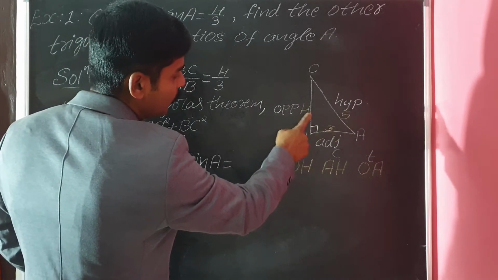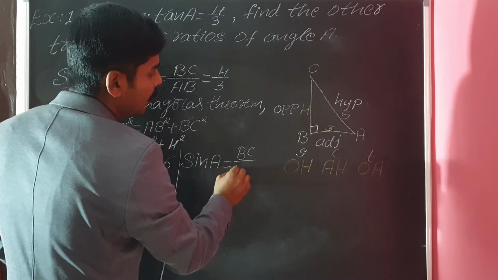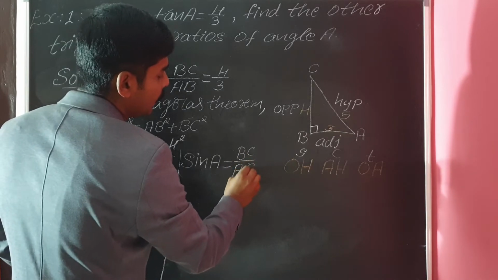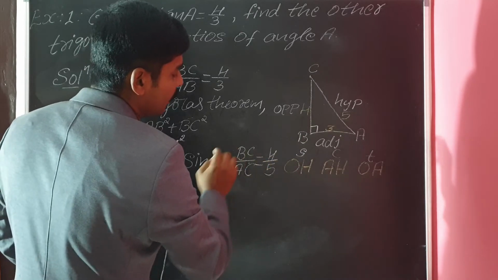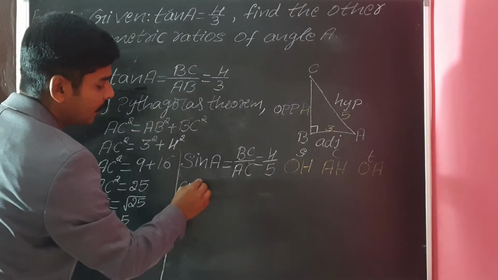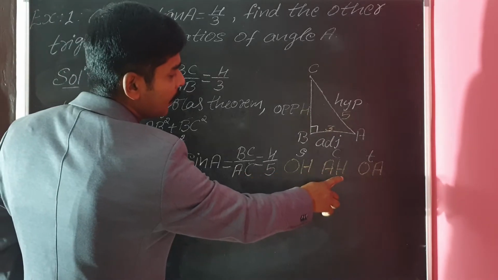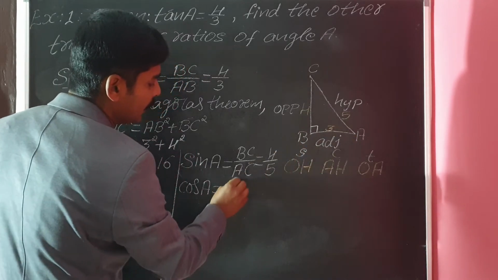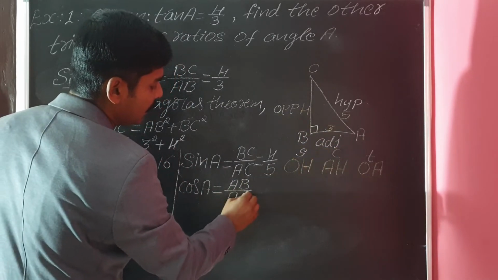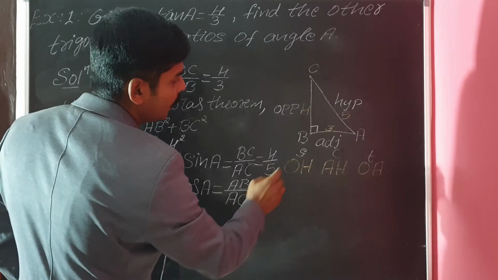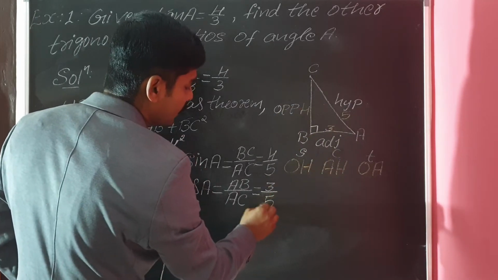So BC by AC, which is equal to 4 by 5. In the same way, what is cos A? Cos A is adjacent side by hypotenuse. Adjacent is AB and hypotenuse is AC. So AB by AC is equal to 3 by 5.